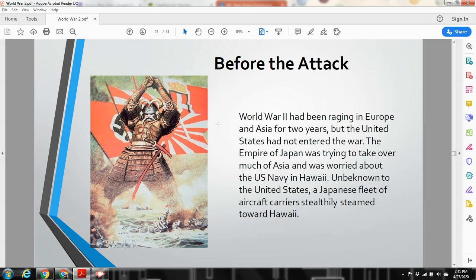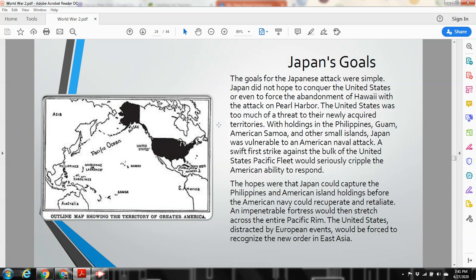Another reason, and you'll see here in a second, was the fact that the Japanese didn't want to conquer the United States. Even to force this attack on Hawaii and Pearl Harbor, the United States was too much of a threat to the newly acquired territories.